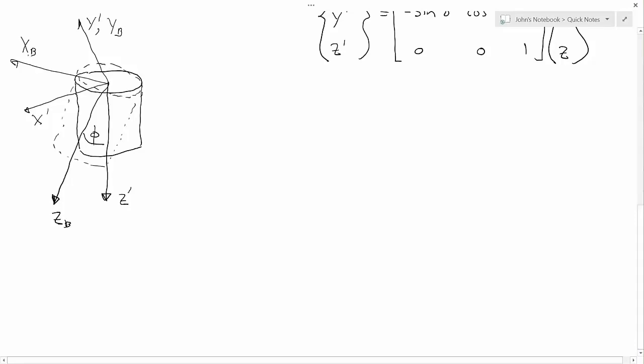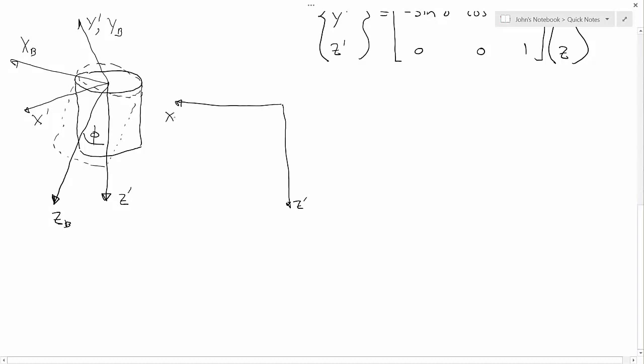Okay? So now if we just look down the Y prime axis, the Y prime YB axis where we did the rotation, right? Then we have this Z prime. Well, let's use a different color.